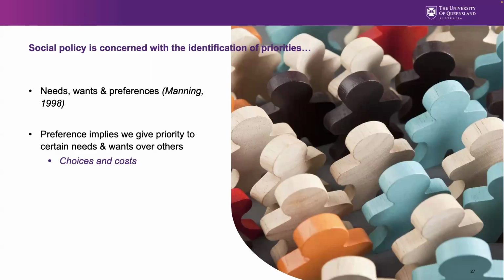These conceptualizations of needs, wants, and preferences become very important when we are trying to do that. So exploring different ways of conceptualizing needs is an essential part of social policy.